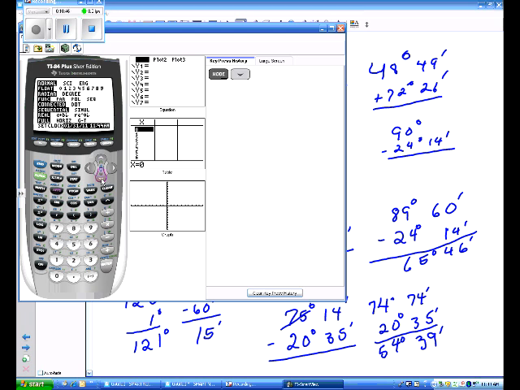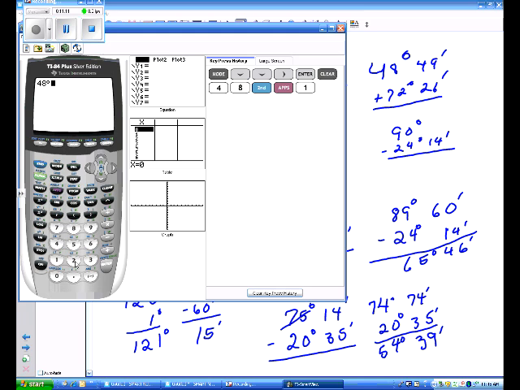So we went to mode, and we're going to change this over to degrees. Now let's work our problem. We've got 48, and we need to show that that's degrees. So we go to second, and then our apps button, which you can see right above it, is angle. Number 1 here is our degree symbol. So we'll press degrees.